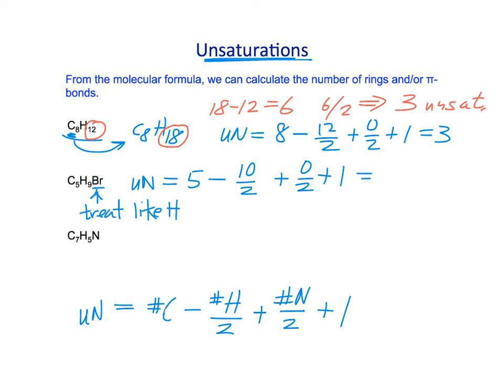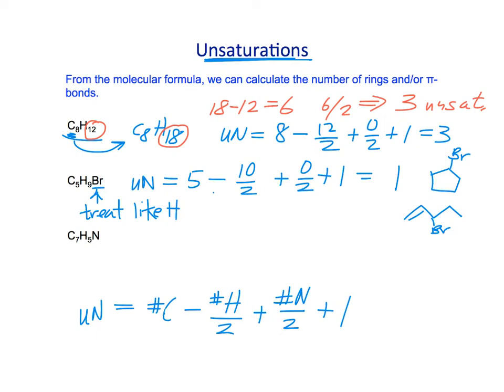So 5 minus 5 plus 1, this has 1 unsaturation. So this could maybe be bromocyclopentane, right? We'd have 1 degree of unsaturation. Or we could just put a bromine on here, bromopentene. Those would all fit that.